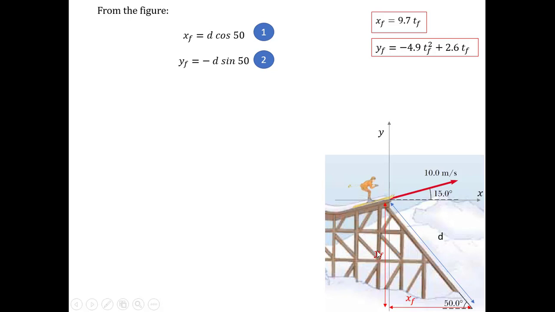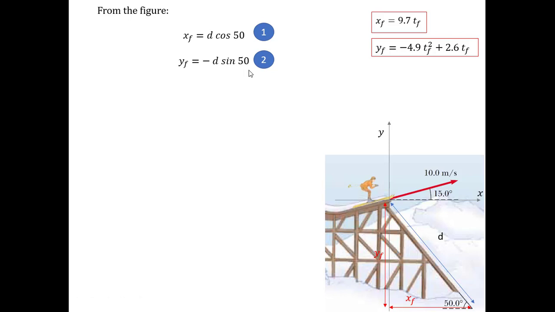YF has a negative value because the y direction is up, while YF is downward, so YF is essentially a negative value. So I put minus y to obtain this distance. So sin 50 is equal to minus YF over D, which means YF is equal to minus D sin 50.